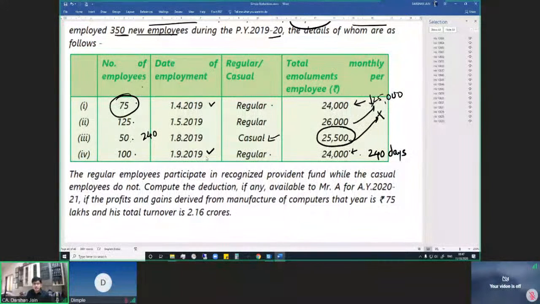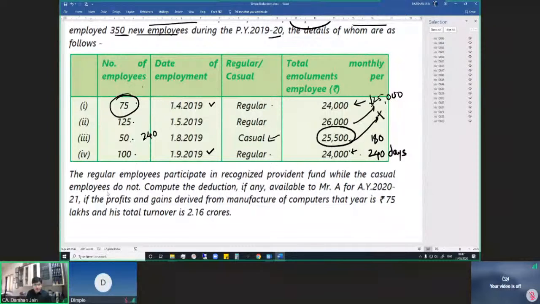So we get to know they were employed for only 180 odd days, and not 240 days. Since they were employed for lesser than 240 days, they do not become eligible during the current year. However, they would become eligible in the subsequent year, right?